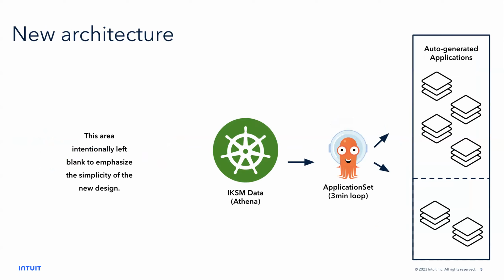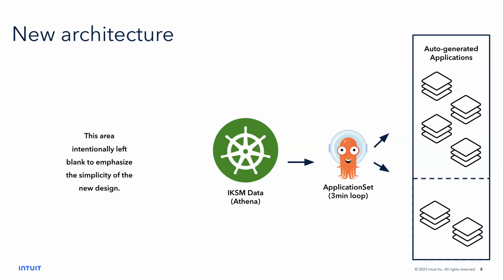So what we did, we built a plugin which ApplicationSet can directly talk to the IKSM external data source, and then it would get the same data from IKSM, and then it will loop over and generate the rollout on the target cluster.